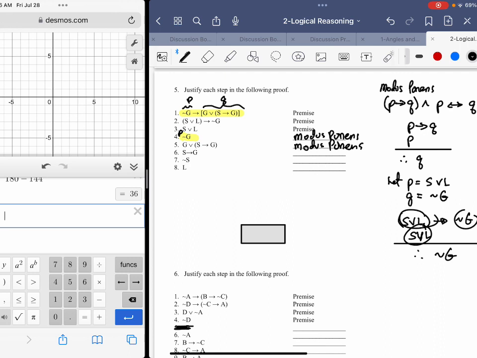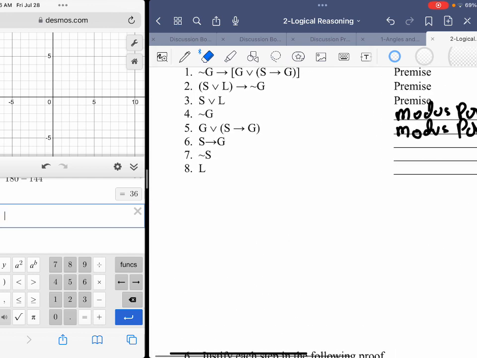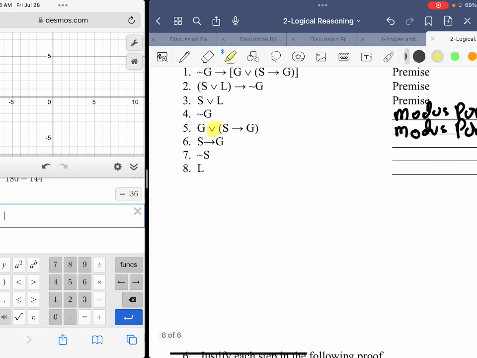But then we're kind of curious about, okay, well, how do we release the S implies G from this mess? All right, so for that, I'm going to take a close look at number 5. You see we have an or sentence there. All right, so now 4 and 5 have been proved. These are known to be true sentences now.